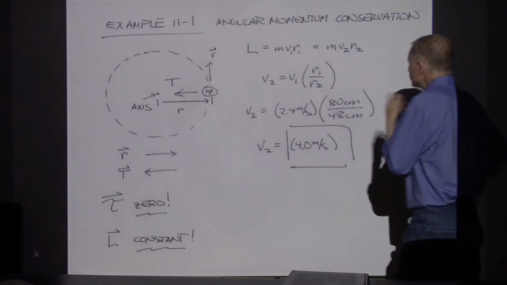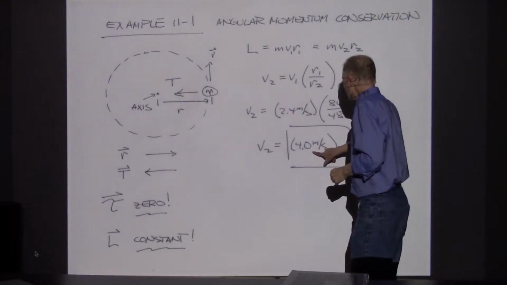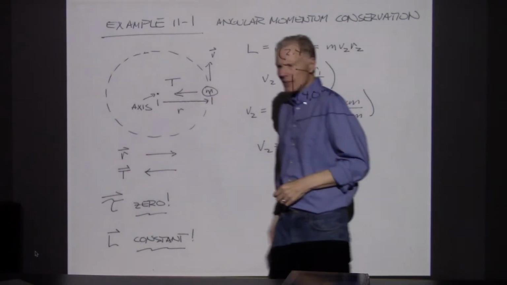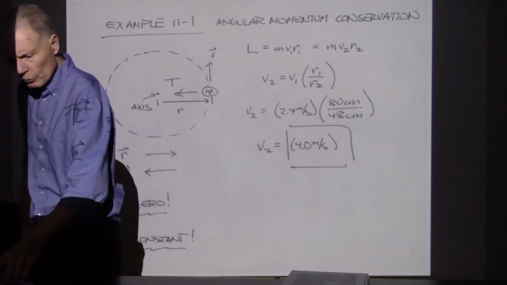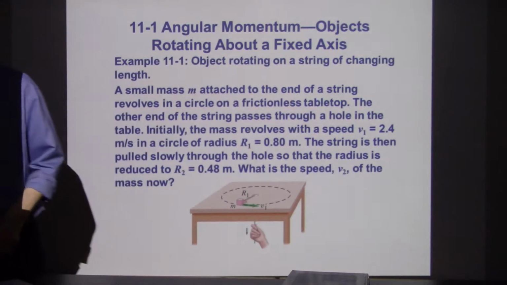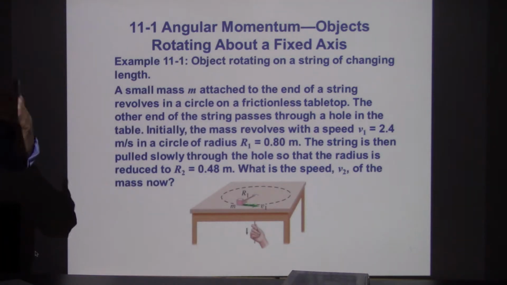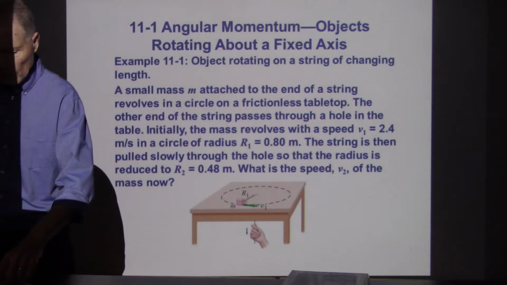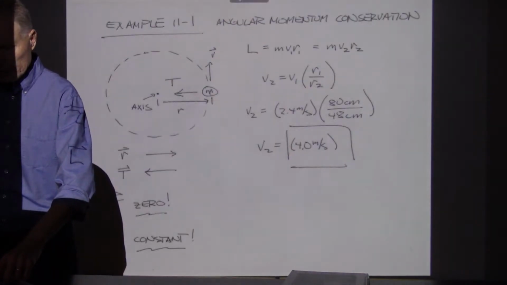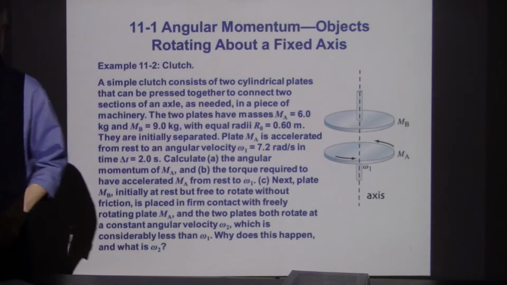Velocity 2 is going to be faster, and this is what it works out to be. So that's the idea: if we pull that string in, it's going to travel faster in terms of linear velocity. It has a shorter distance to go, and so the omega definitely is going to increase. The period of these circles is going to get less and less.